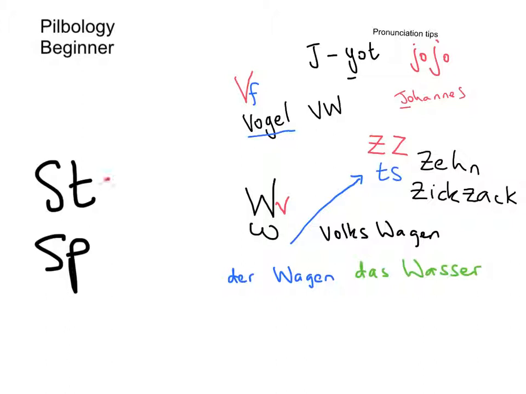So this word here is not stop, but stop, as if there's a little invisible H in here. So it kind of goes without saying that if we wanted to write the word sport, there is no sp, so instead it's Sport. Sport. Again, as if there's an invisible H.